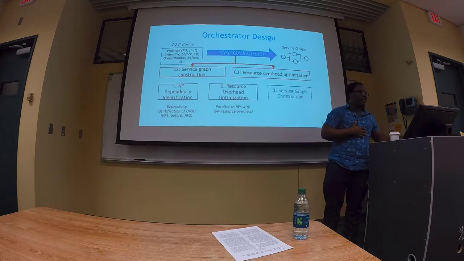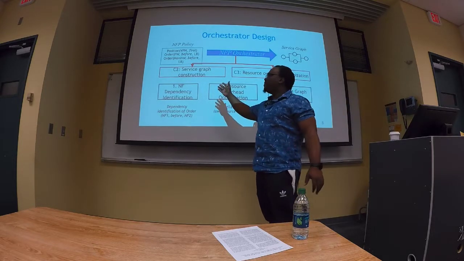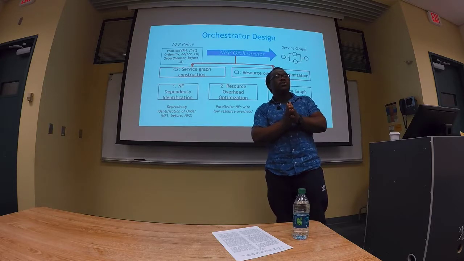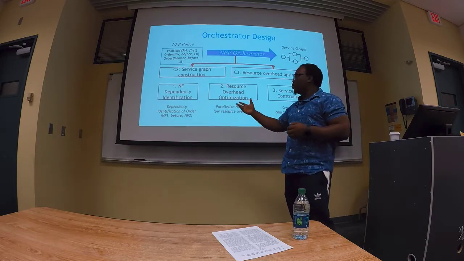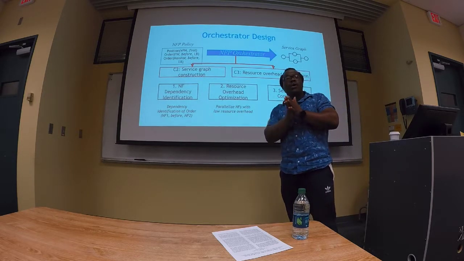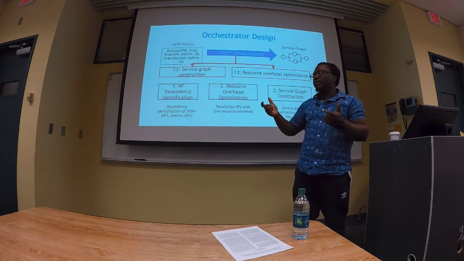And so what we're trying to show here is, first and foremost, we have the NF dependency identification. How do you know that 2 NFs can be parallelized? Of course, you need to look into the dependency. The dependency in the sense that which part of that particular packet is each of the NFs interested in.